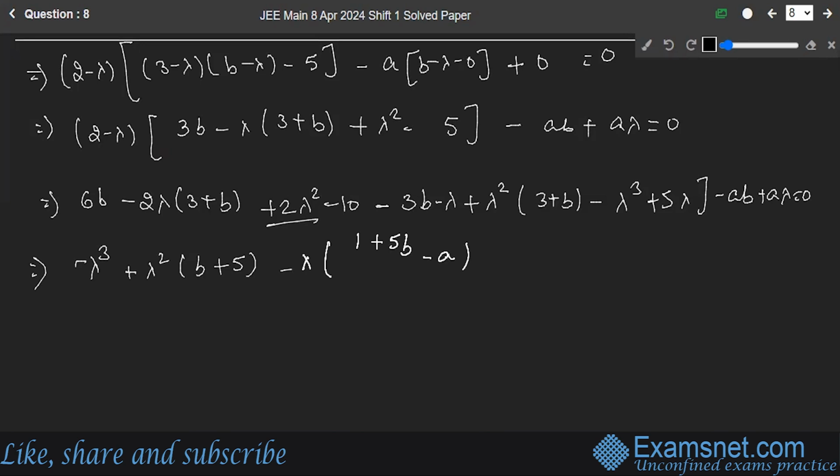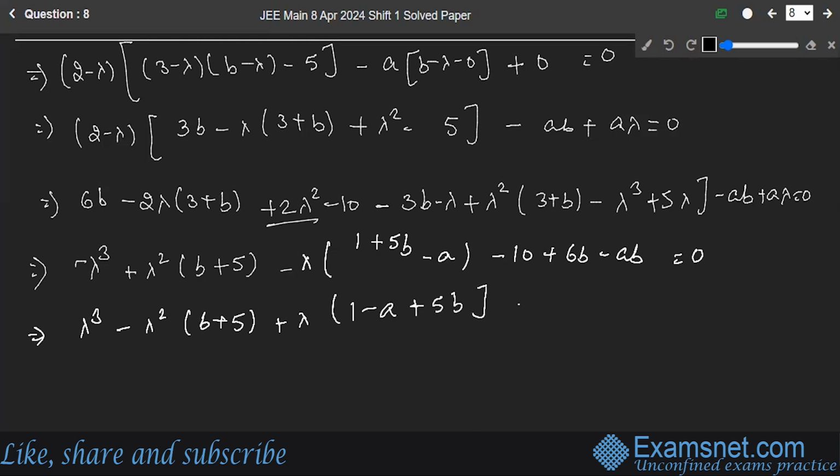And then there will be minus 10, 6b minus ab is equal to 0. Okay. Now let's multiply both the sides by minus 1. So you will have here λ³ minus λ²(b plus 5), and this will be plus λ(1 minus a and 5b). There will be 10, 6b and this. Now I can write like this is being multiplied by 1.